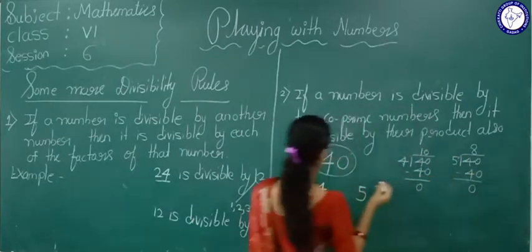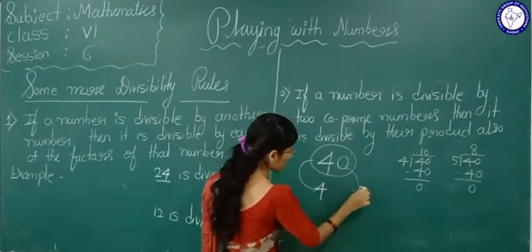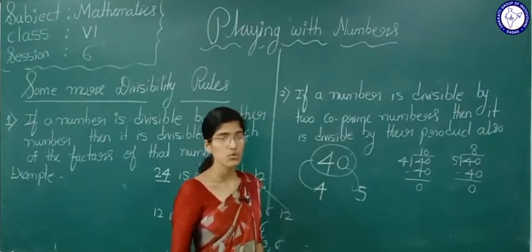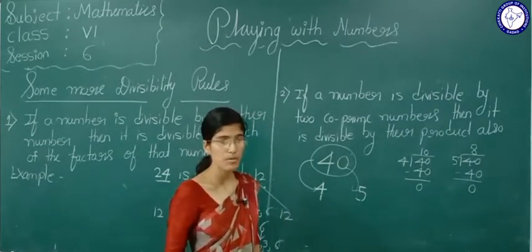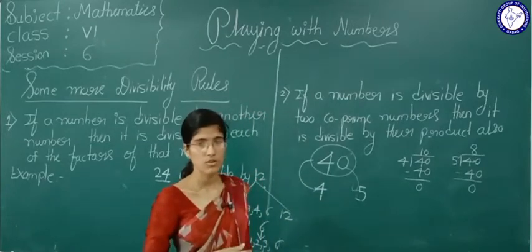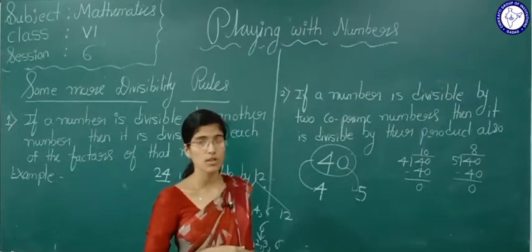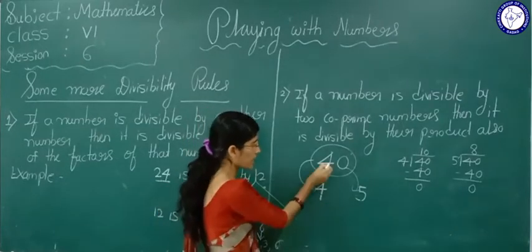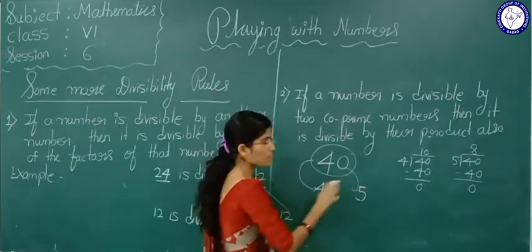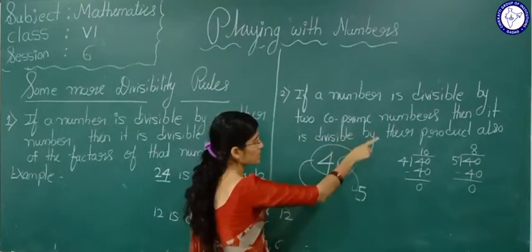Now see, 4 and 5 are co-prime numbers, no? What are co-prime numbers? Two numbers are said to be co-prime if their only common factor is 1. Such numbers are called co-prime numbers. If any number is divisible by two co-prime numbers, then it is divisible by their product also.